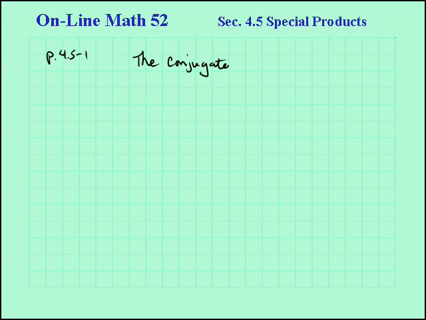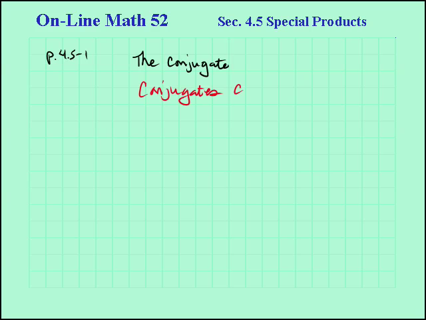The idea that I'm presenting here about conjugates will also be important in chapter 5. So let's try to learn this well. Actually, when I say the conjugate, it's probably not the best way to approach it, because conjugates come in pairs.